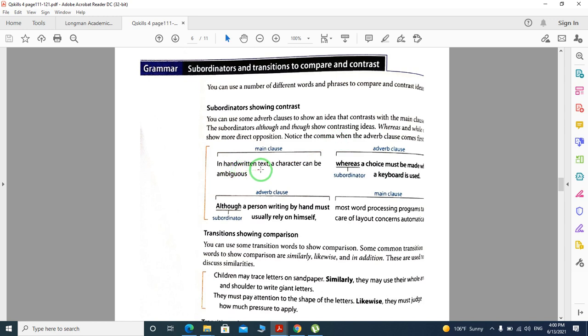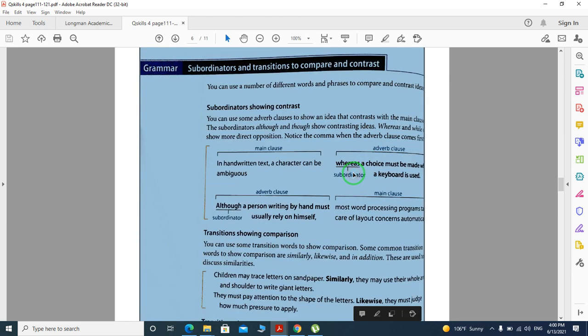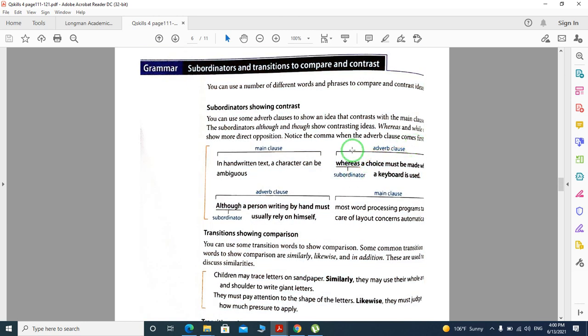Now this is the main clause. So now we have this whereas. In the middle, if you have whereas and while, you can write it without any commas, or you can use it with commas, especially with whereas.